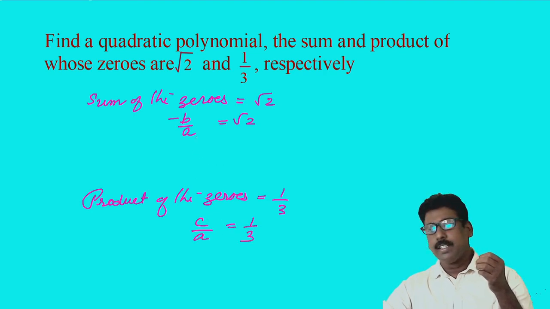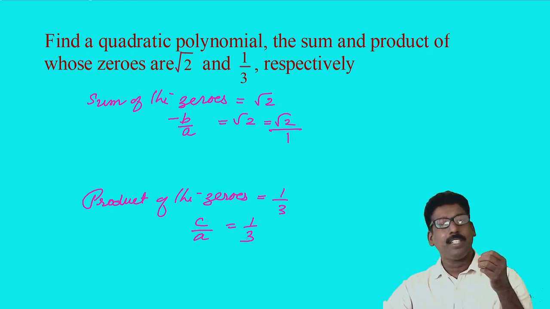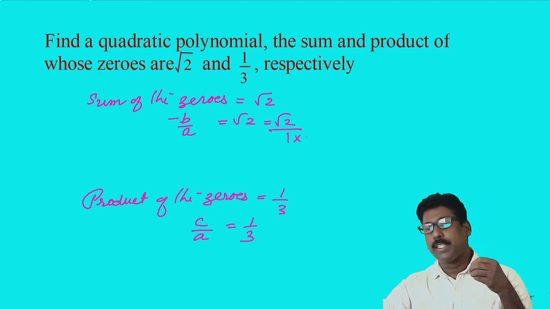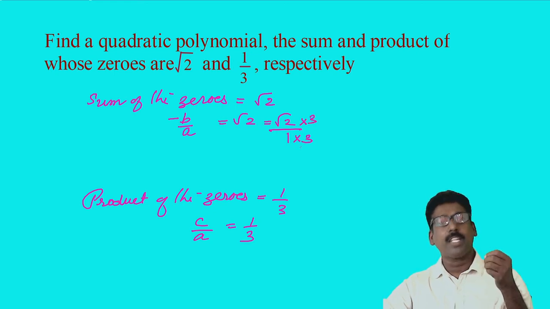Here you can see root 2, you can write it as root 2 by 1. Here a will be 1, here a will be 3. So make the denominators equal. What to do? Multiply 3 here to both numerator and denominator.